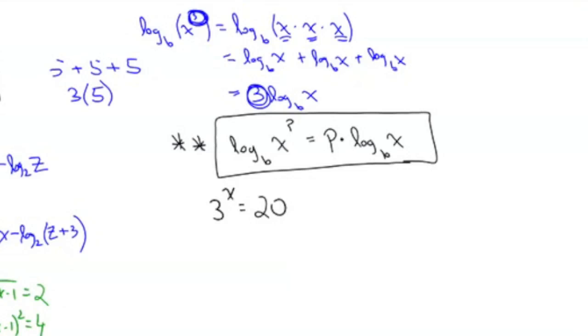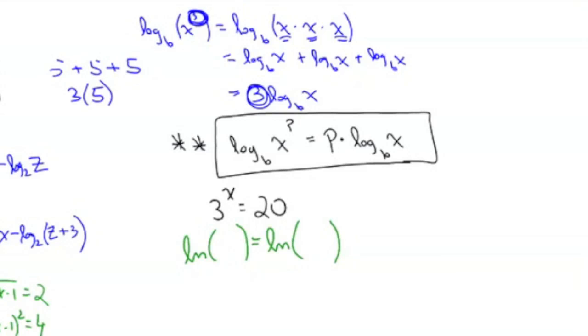Well, I'm going to apply a function to both sides of this equation because I don't like where the x is. I want the x to be down. So the function I'm going to apply is ln. Now, I could choose log, the regular common base 10 log. I like ln for one reason and one reason only.